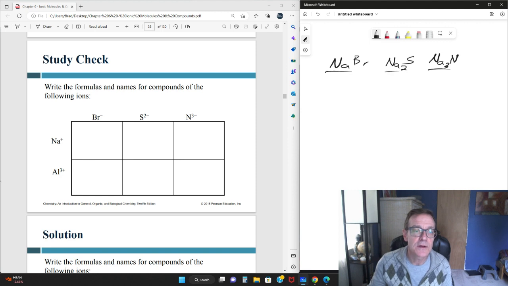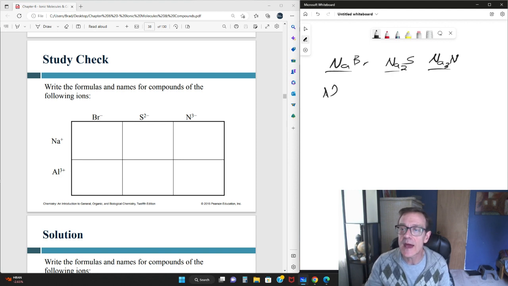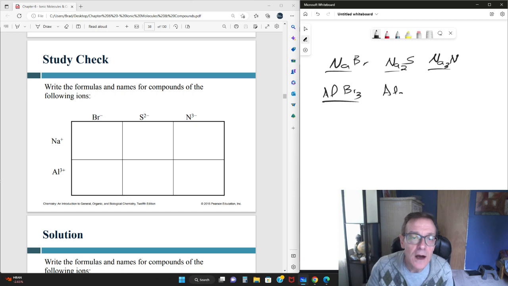Okay, and let's look down here. We have aluminum as our metal, a +3 cation. So we will need 1 aluminum and 3 bromides to balance out the charges. Aluminum bromide and aluminum sulfide. No, let's see, I need to do a little math.